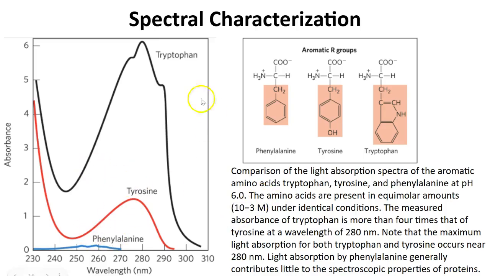So with this graph here, you can see that phenylalanine has the lowest absorbance, but tyrosine and tryptophan have a more distinct peak around 280, and the one that has the most absorption, you can see, is tryptophan.